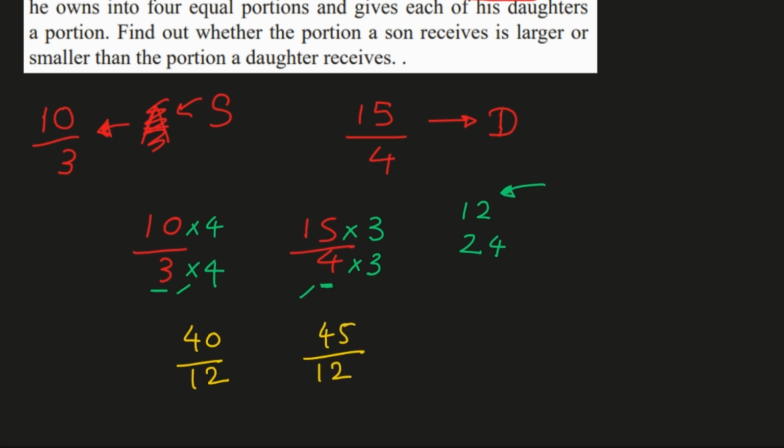So 45 upon 12 is greater than 40 upon 12. So when it comes to the original question, 10 upon 3 is smaller than 15 upon 4. So now you understand that the larger part is received by the daughter, right?